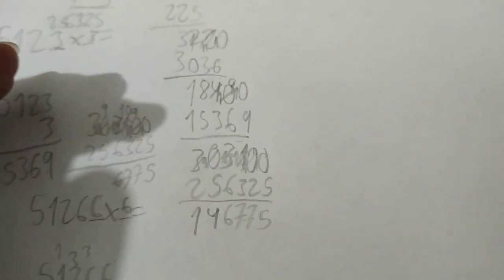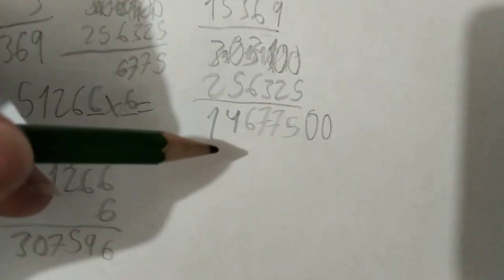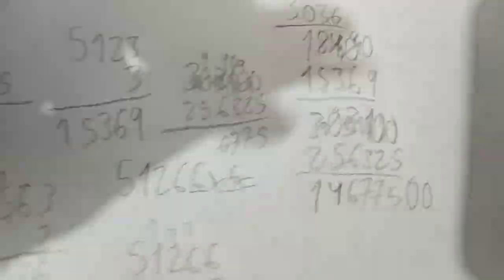Okay. And now we have our answer: 25635. Now it's gonna be a little bit over the other half of the number digits. So let's get this.